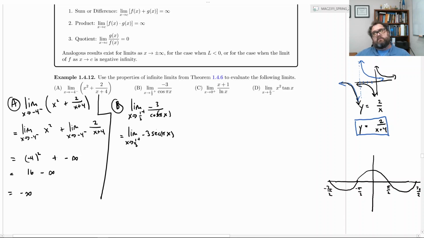Now remember what the input does. A scalar multiple on the input. The normal period of cosine, so you have y equals cosine x, the normal period is 2 pi. Okay, which means it's going to reach one period in 2 pi radians.